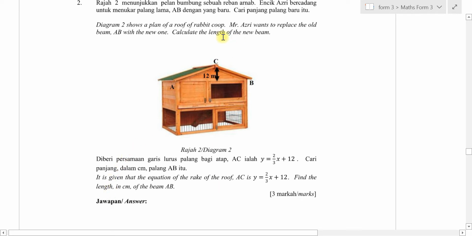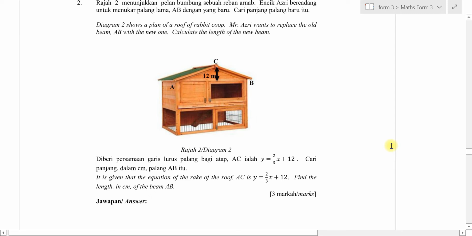Okay, why is there two parts to the question? Quite confusing. It is given that the equation of the rake of the roof, AC, is y equal to 2 over 3x plus 12. Find the length in cm of the beam AB.